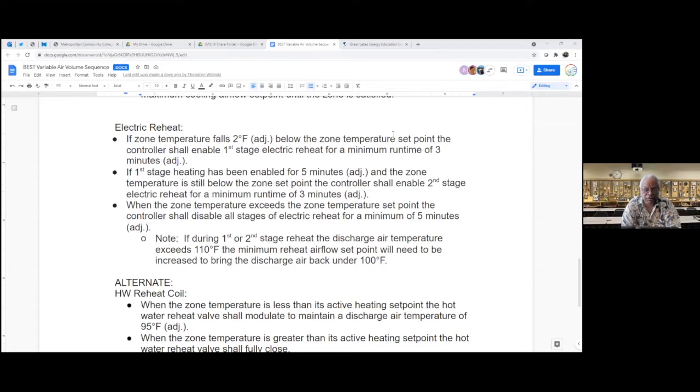The air that you supply in the room can be a mix of outside and recirculated. So there really isn't a fixed percentage. We can't say that the minimum airflow is 10% of the maximum. It just doesn't work like that. It's a calculation, and that minimum airflow has to include a certain CFM of outside air, not just a percentage.